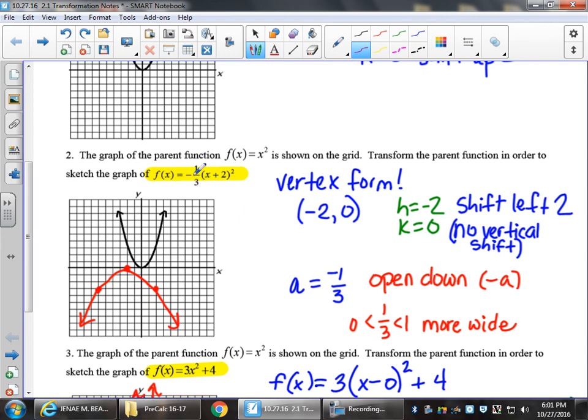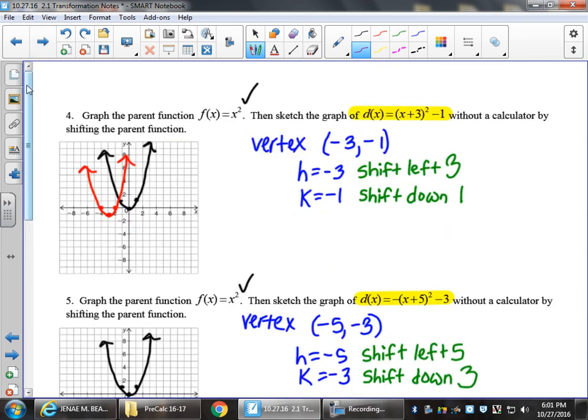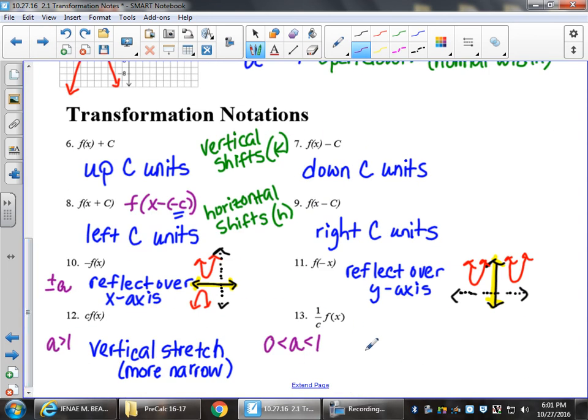When I look just at the numerical value, 1/3 is between 0 and 1, and we said our graph was more wide. So to generalize here, we're going to call this a horizontal stretch, where our resulting parabola is more wide.